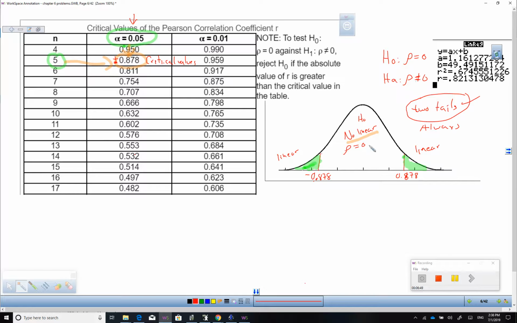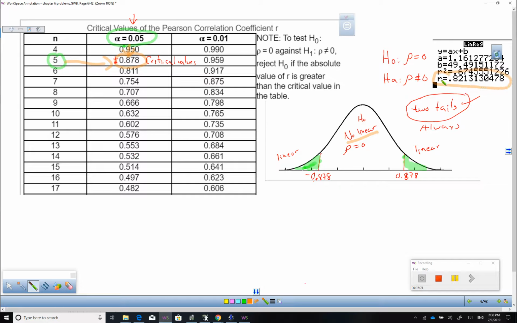The middle part is nonlinear; the null hypothesis is nonlinear. We always assume that, and the critical values we place here and here, minus and plus: negative 0.878 and positive 0.878.